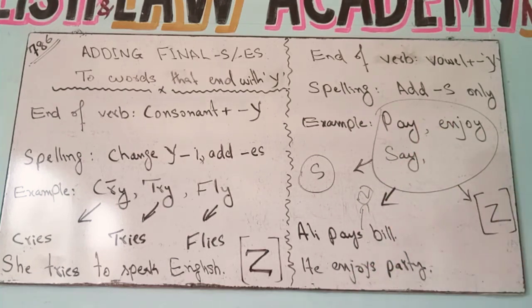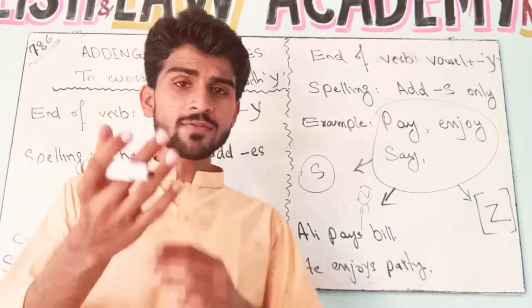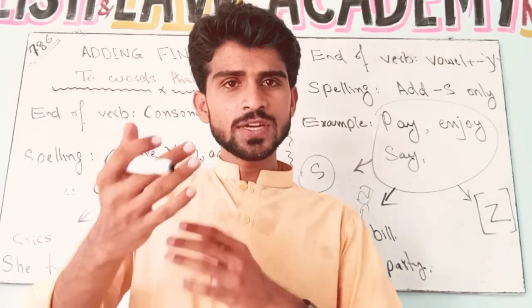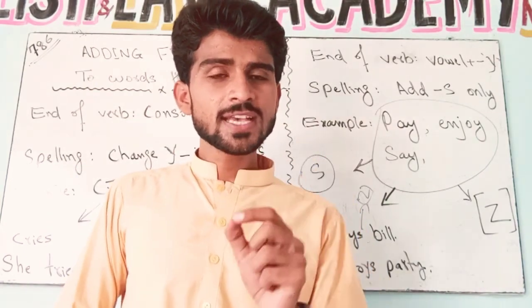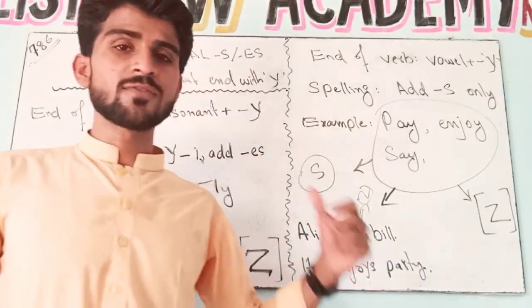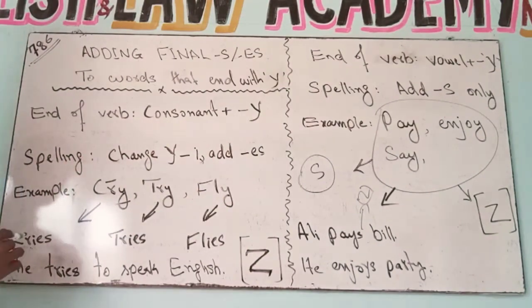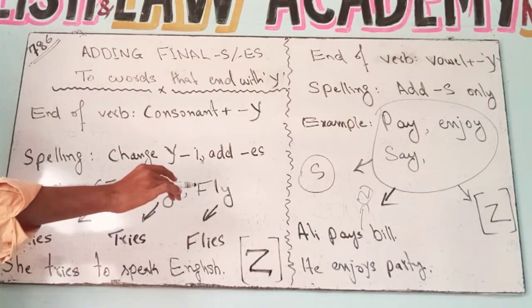He enjoys sport. Okay, so keep in mind that in whatever lecture we deliver, the S shall be pronounced with the voice of Z in the first rule and in the second rule as well. For example, here: tries, flies, cries.